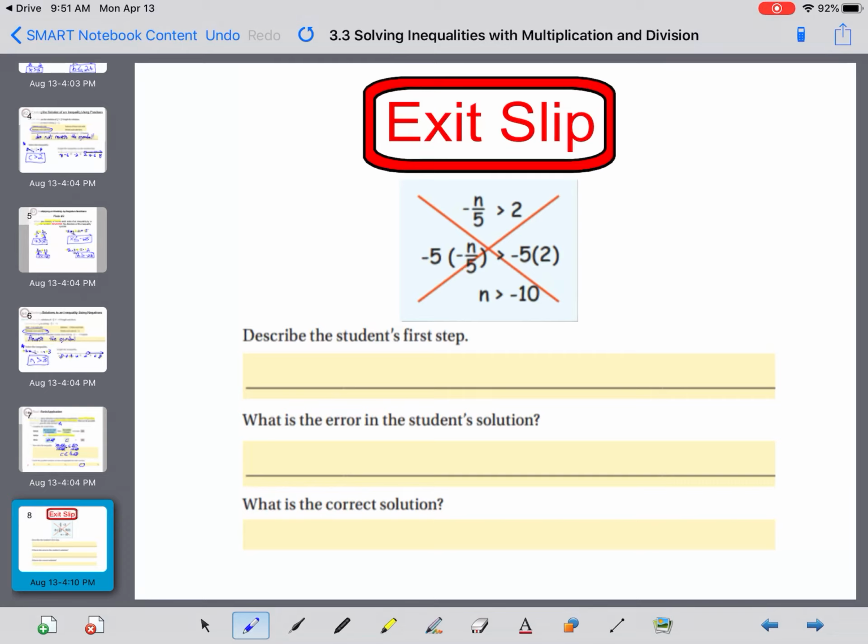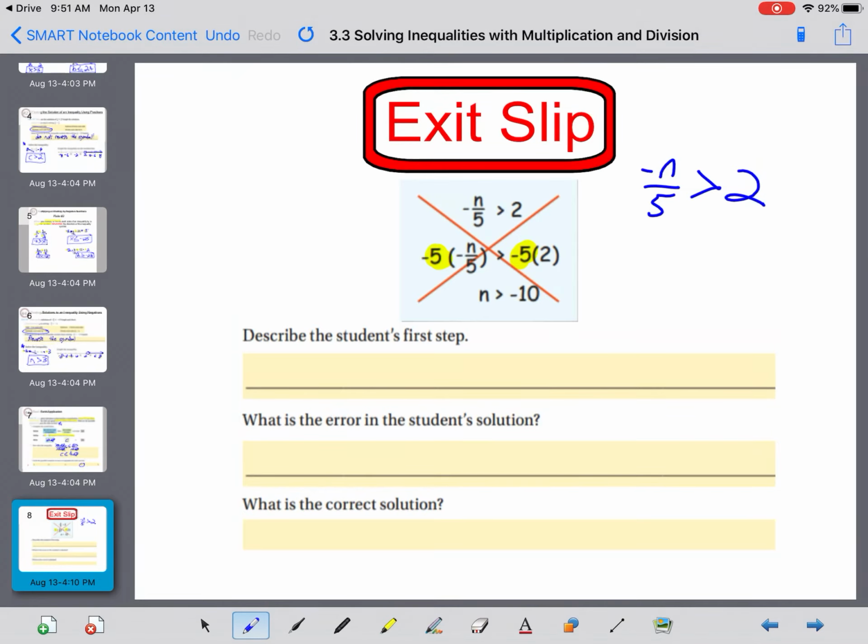Exit slip. Describe the student's first step. What is the error in the student's solution, and what is the correct solution? Well, I'm going to write the original on the side. Now, the first step the student made was to multiply by -5.